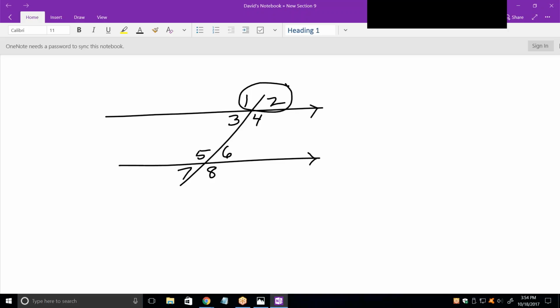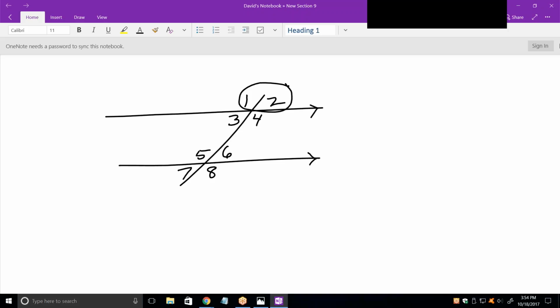If I look at 1 and 2, notice that one of them is obtuse and one of them is acute. Every other angle there, if it's acute, it's the same as 2. If it's obtuse, it's the same as 1.